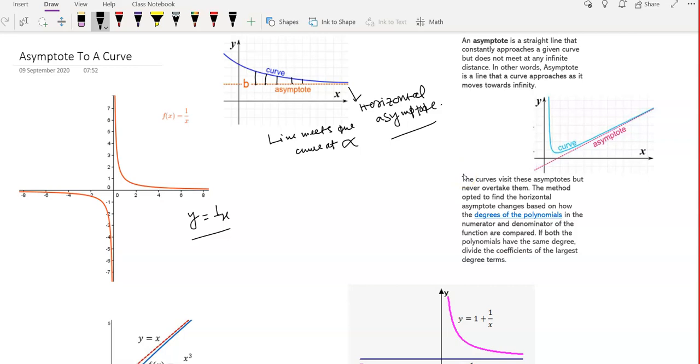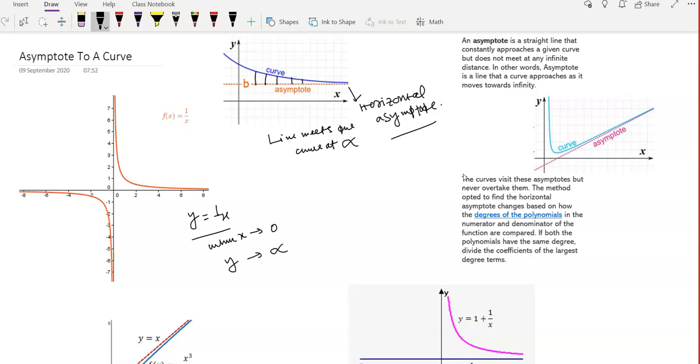You all can see that when x is tending to 0, y is tending to infinity. So x tending to 0 means the y-axis. The y-axis is an asymptote to the curve.